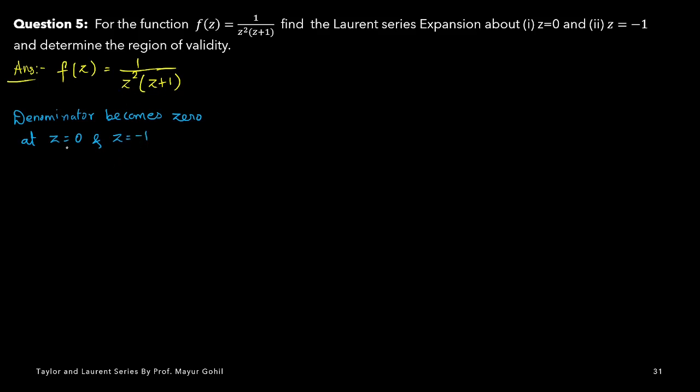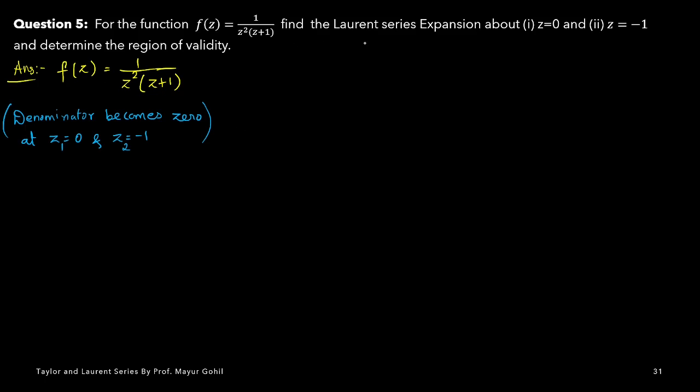If you put z1 equals 0, it will become 0, and if you put z2 equal to minus 1 in this denominator, this will also become 0. So how to handle this kind of expansion and how to go about it?